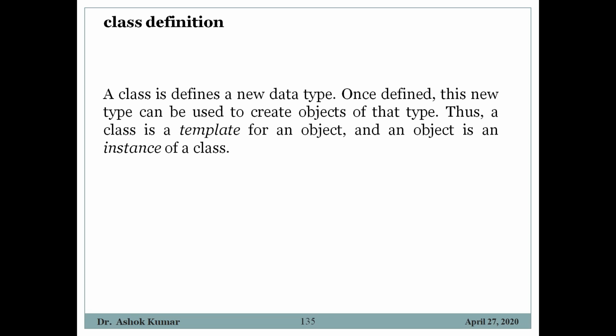So every entity has some features associated with it. If we talk about a bank account, then a bank account will have account number, account balance, account type, and so on. And similarly, a car will have some attributes or features. For example, the color of the car, brand of the car, model of the car, engine number, and so on.